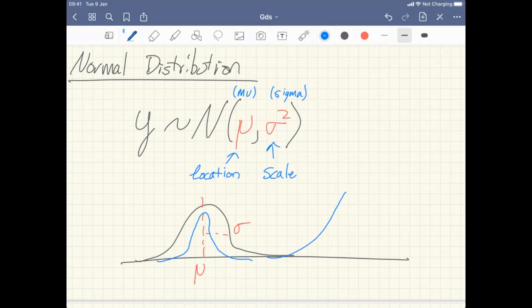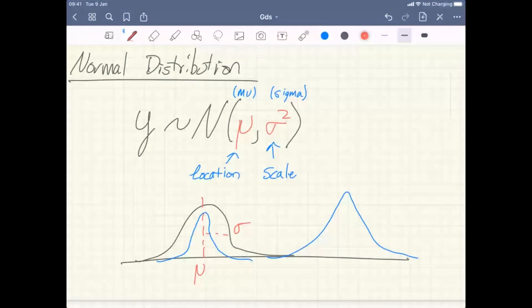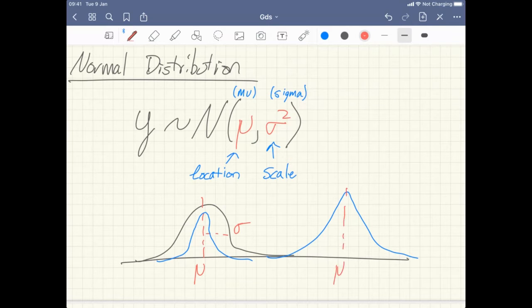Or for a different mu and the same sigma, my distribution might look like that. So you guys are familiar with working with these kinds of things. Mu is the average in the Gaussian case, and sigma is the standard deviation in the Gaussian case. So you're very familiar with that, right? Okay.